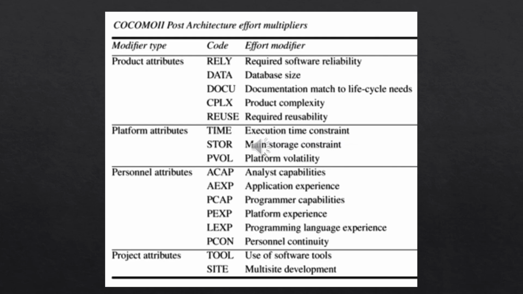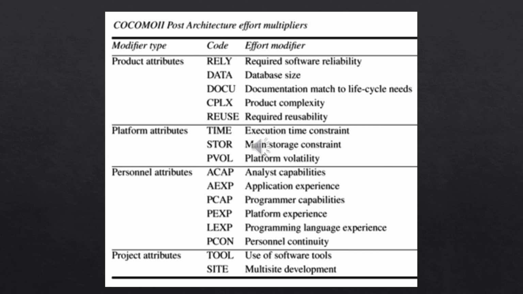Post-architecture effort multipliers are product attributes, platform attributes, personal attributes, and project attributes. The product attributes contain required software reliability, database size, documentation matched to lifecycle needs, product complexity, and required reusability. Platform attributes consist of 3 attributes: execution time constraint, main storage constraint, and platform volatility.